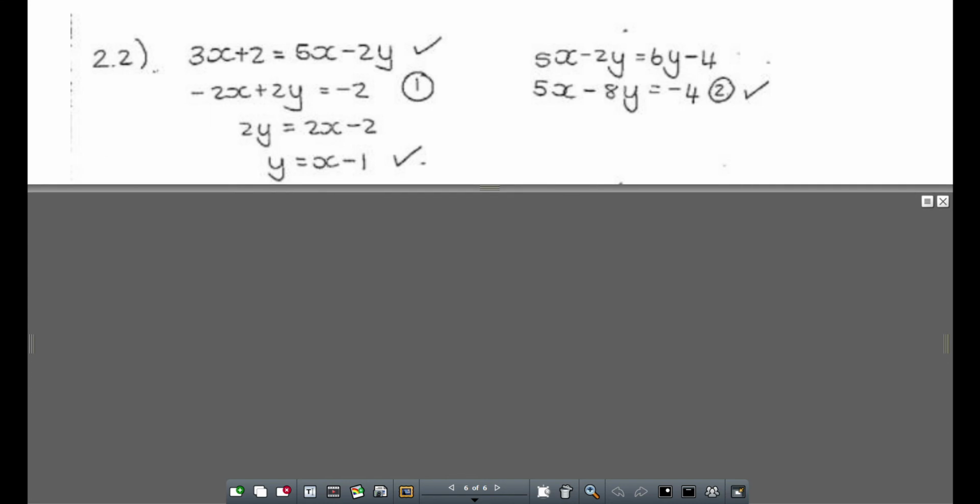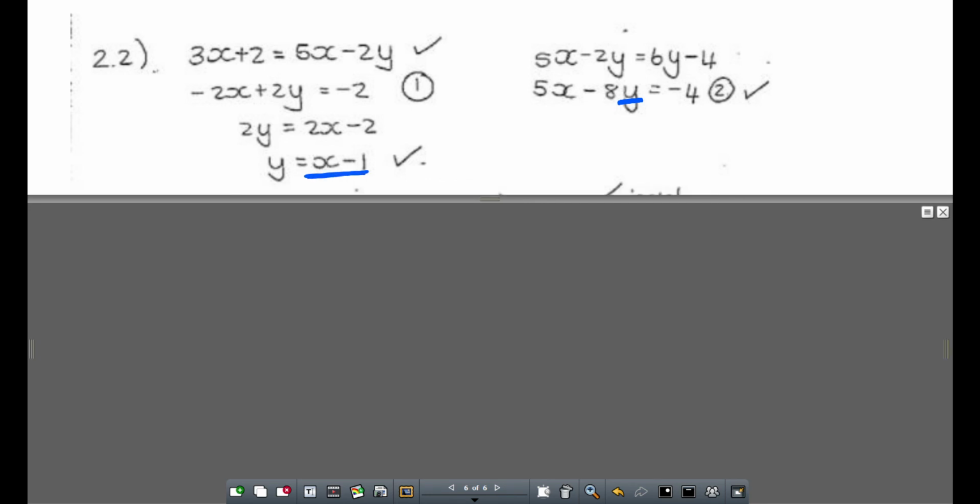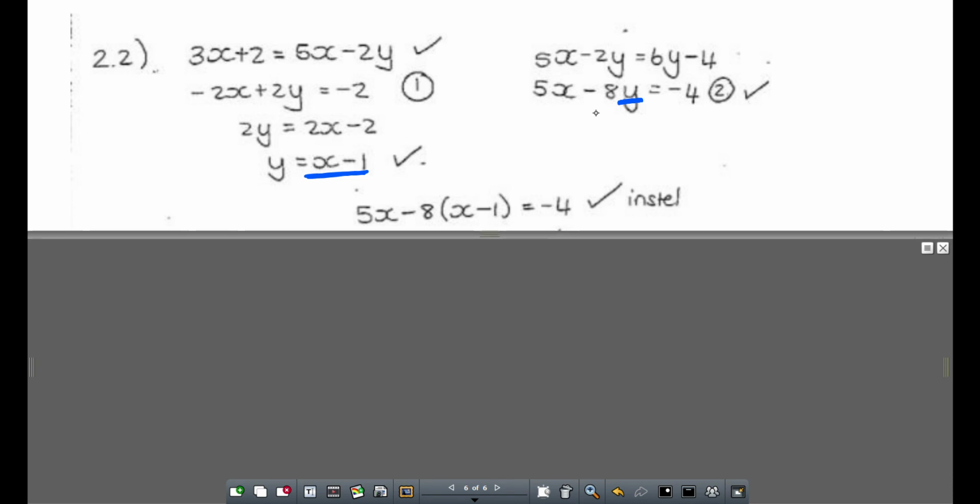Now I'm going to substitute it into equation 2. In other words, here where I have a y, I'm going to put in that x minus 1. Good, so there I have 5x minus 8, and then instead of y, that whole thing is y.